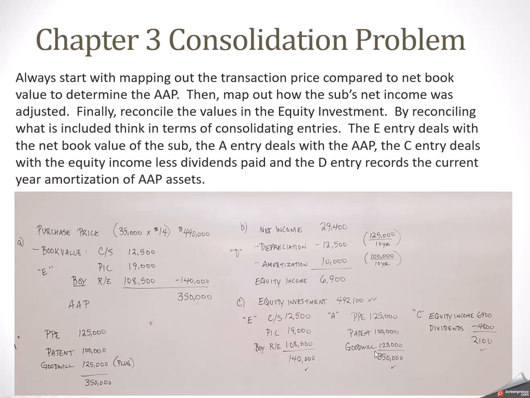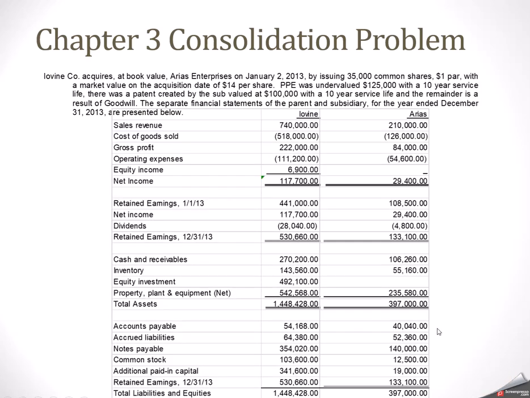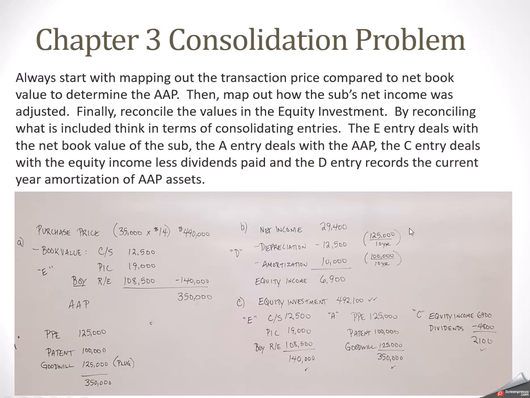We've got our acquisition accounting premium assets that total $350,000, and then we're going to eliminate the equity income of $6,900, and then we're going to eliminate all of the dividends. So again, the dividends that the sub paid, not the parent, just the sub. So the $4,800, and then if we add those three together, we get to our $492,100.